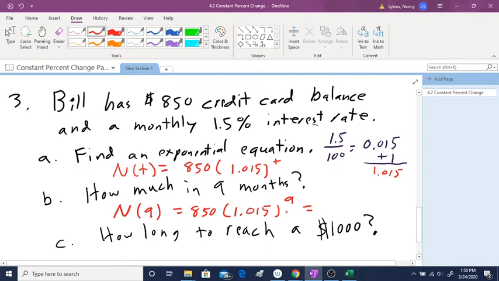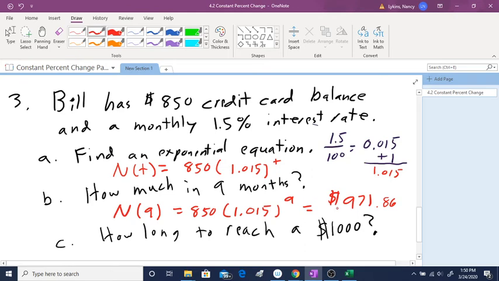I want you to put in 850 and then in parentheses 1.015 raised to the 9th power. And you should get something like this, 971.86.